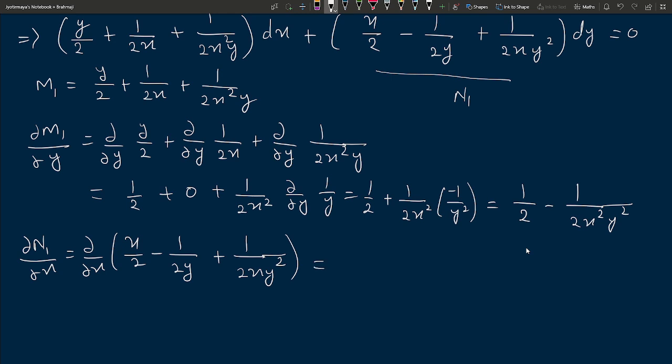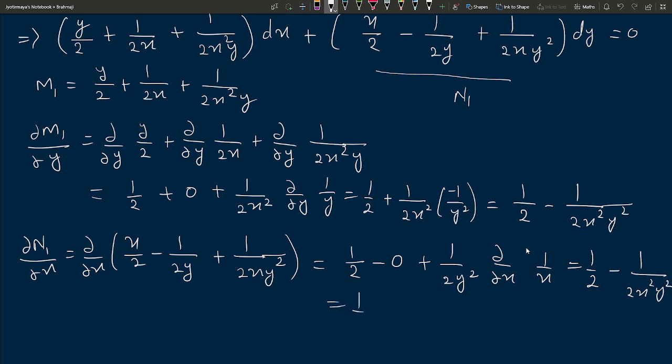Partial derivative with respect to x: x by 2 gives 1 by 2, 1 by 2y is constant so 0, and 1 by 2y square is constant while the derivative of 1 by x is minus 1 by x square.